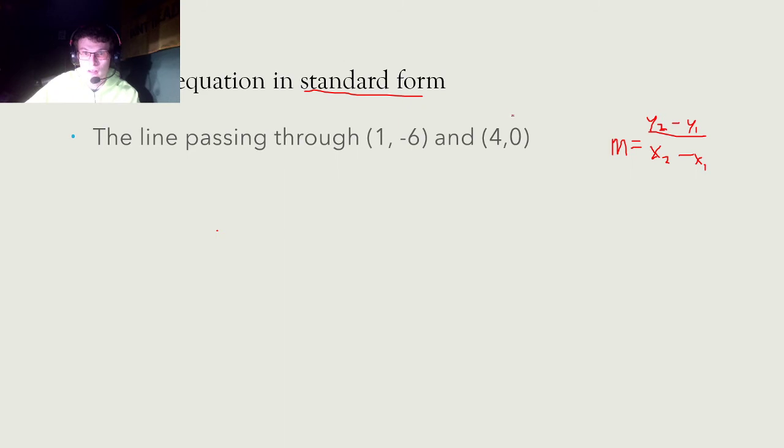All right, so I have my y2 here, my y1 here, my x2, and my x1. So let's substitute in. M equals y2 is 0, and then my y1 is negative 6. A negative, negative makes a positive, so I'm going to do plus 6 over x2, 4 minus 1. So m equals 6 over 3, which makes m equal to 2.